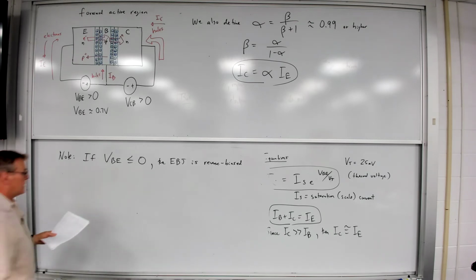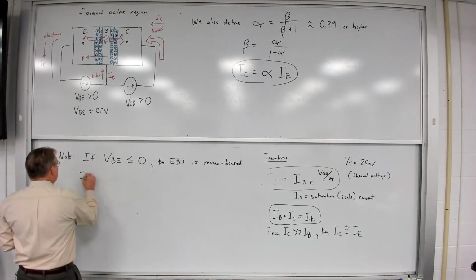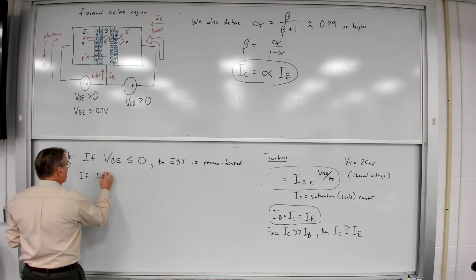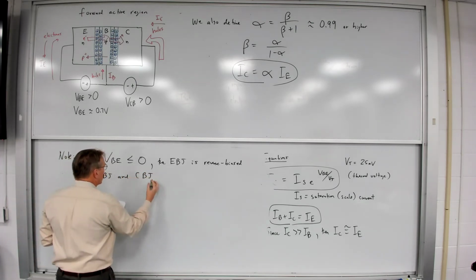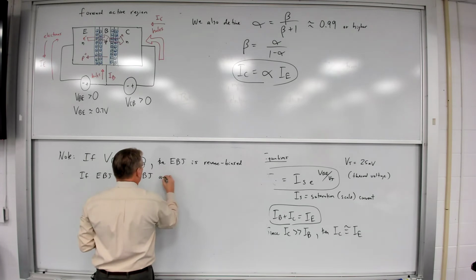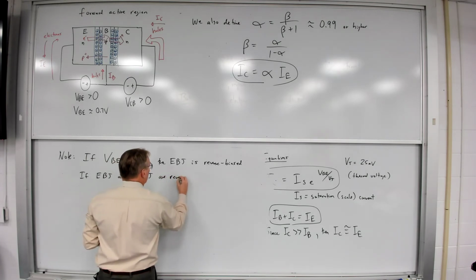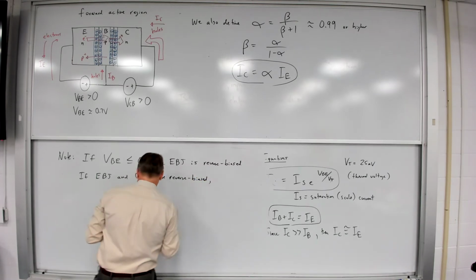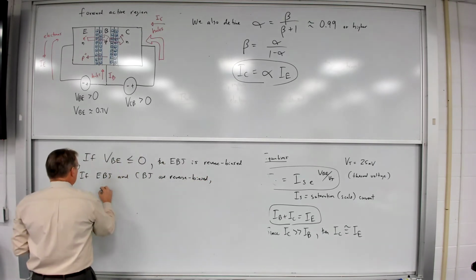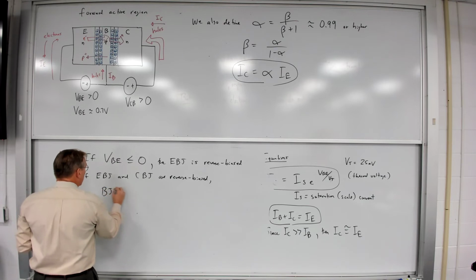So if the EBJ is reverse biased and the collector-base junction is reverse biased, then the transistor is in cutoff.